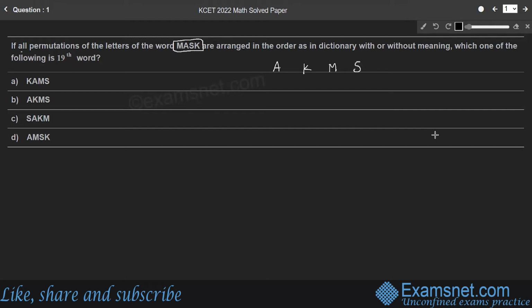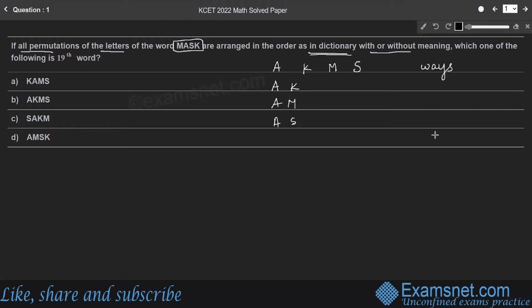So if all permutations of the letters are arranged in order as in the English dictionary, with or without meaning, you can arrange these letters starting from A and the remaining letters. A and M can be taken, A and S can be taken. In how many ways can these letters be arranged according to the English dictionary?